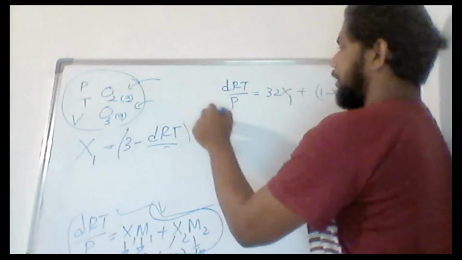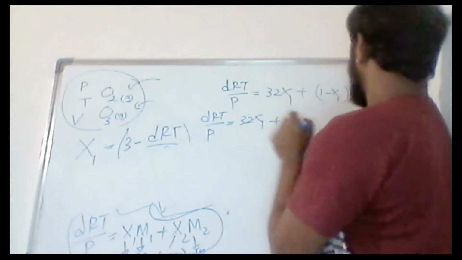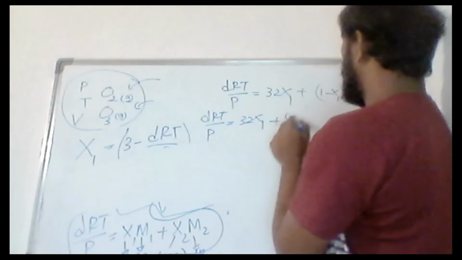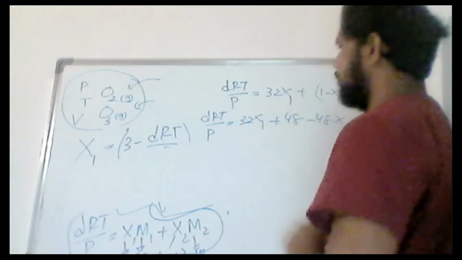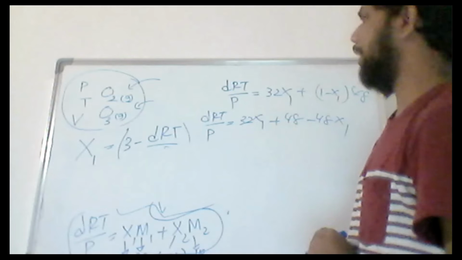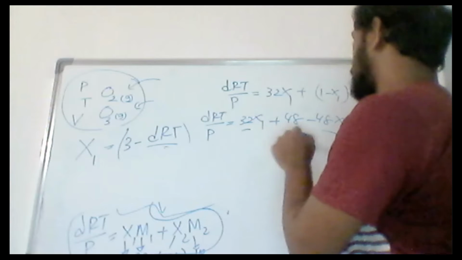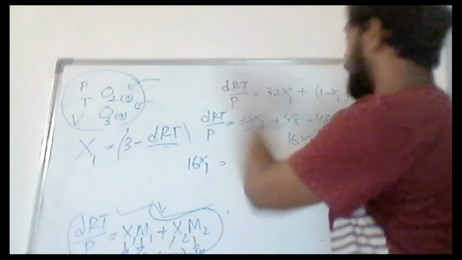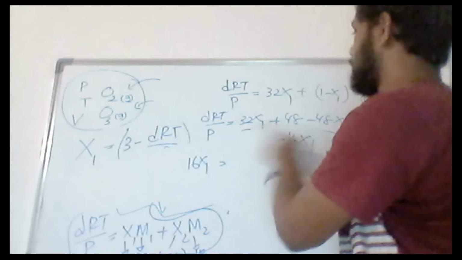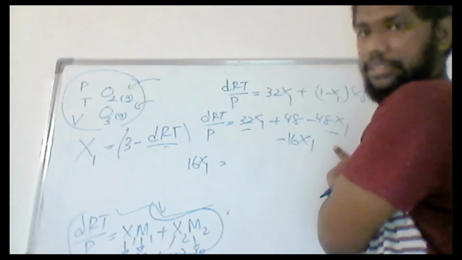So dRT over P is equal to 32x1 plus 48 minus 48x1. The easiest way is, here there is a difference of 16x1. So 32x1 minus 48x1 is minus 16x1.